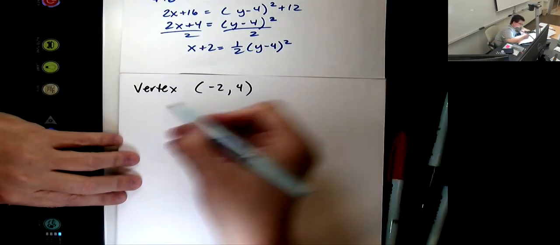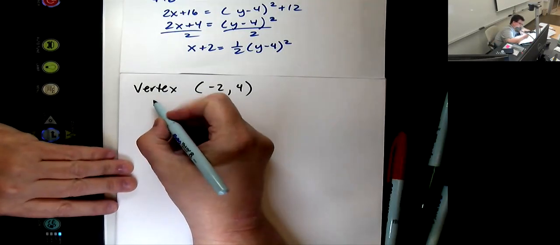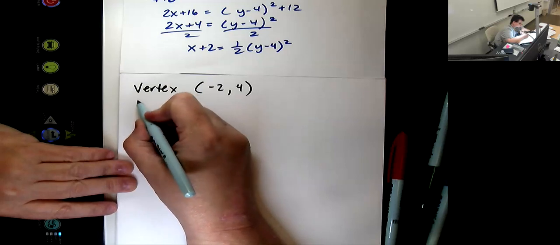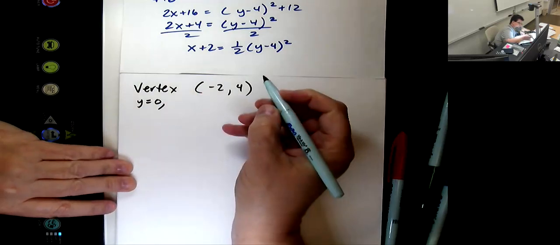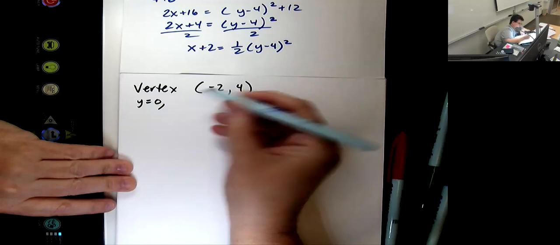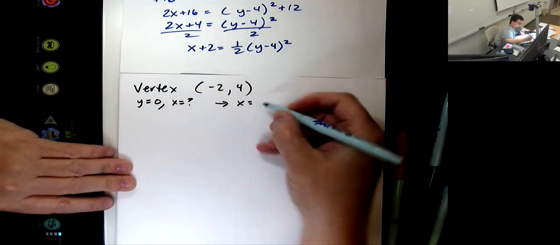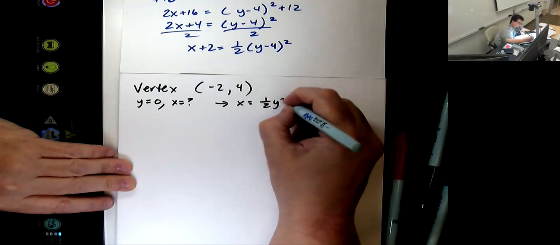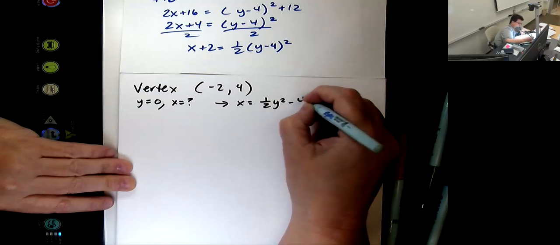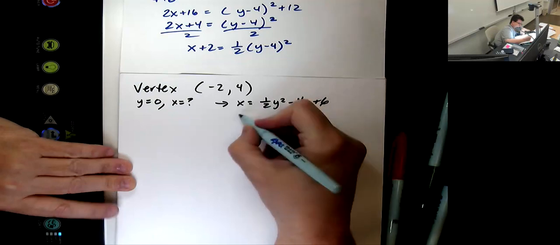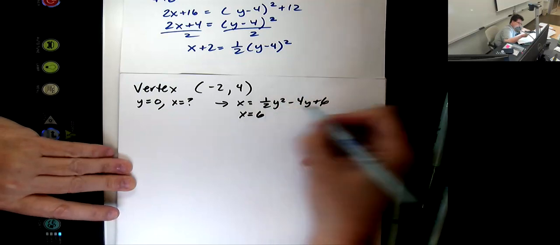So what I like to do is find the intercepts. When y equals 0, what does x equal? The one original equation was x equals 1/2 y squared minus 4y plus 6. So when y equals 0, x just equals 6.